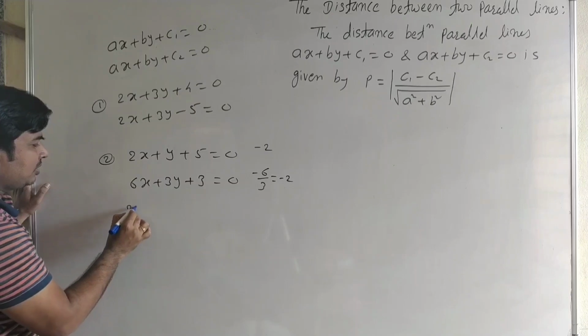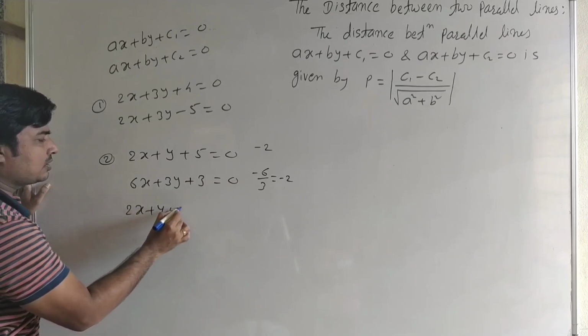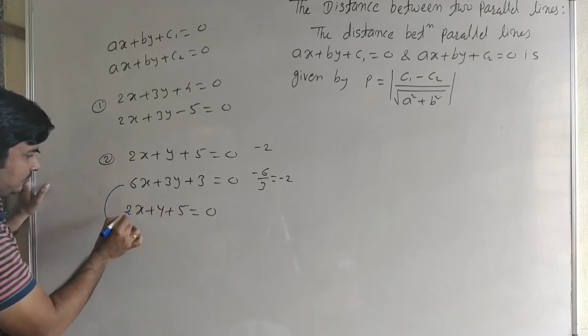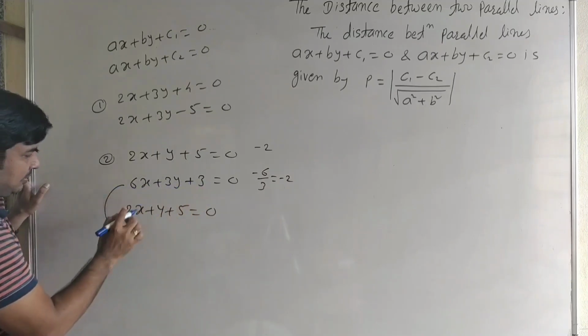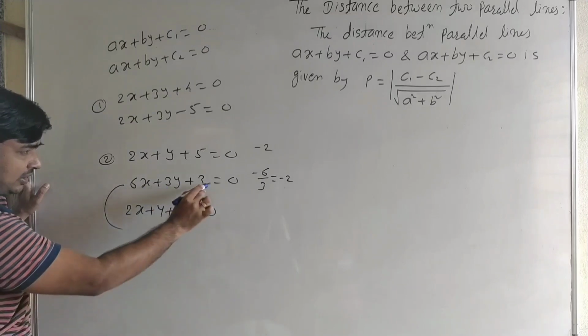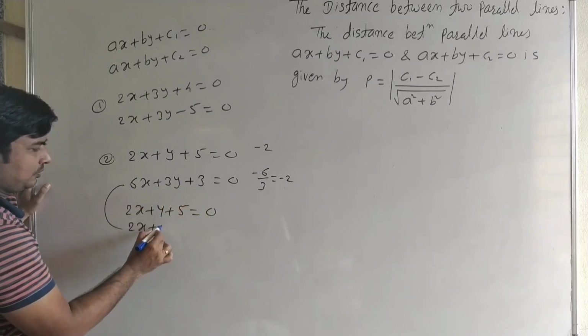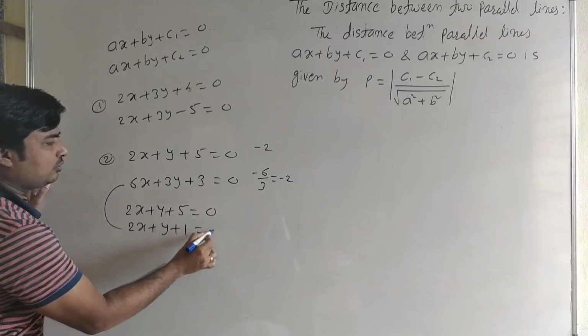Therefore we get the first equation 2x plus y plus 5 is equal to 0, and we multiply the second by 1 by 3, that means dividing by 3, so we get 2x plus y plus 1 is equal to 0.